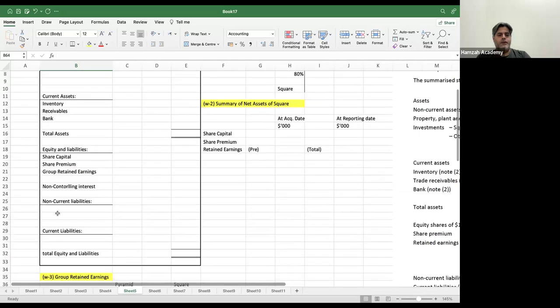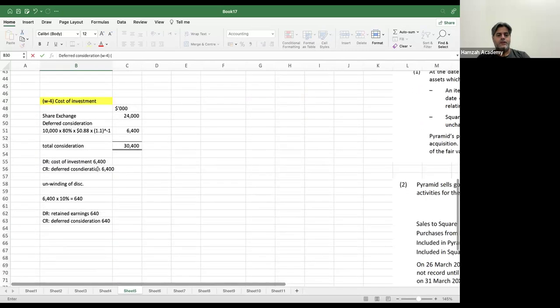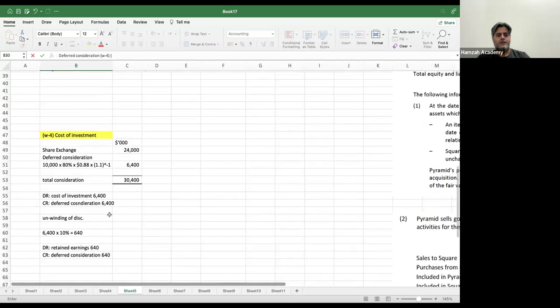So I'm going to go up in my current liabilities basically because I have to pay it the next day. Deferred consideration is going to be working 4. So that's going to be 6,400 plus 640.